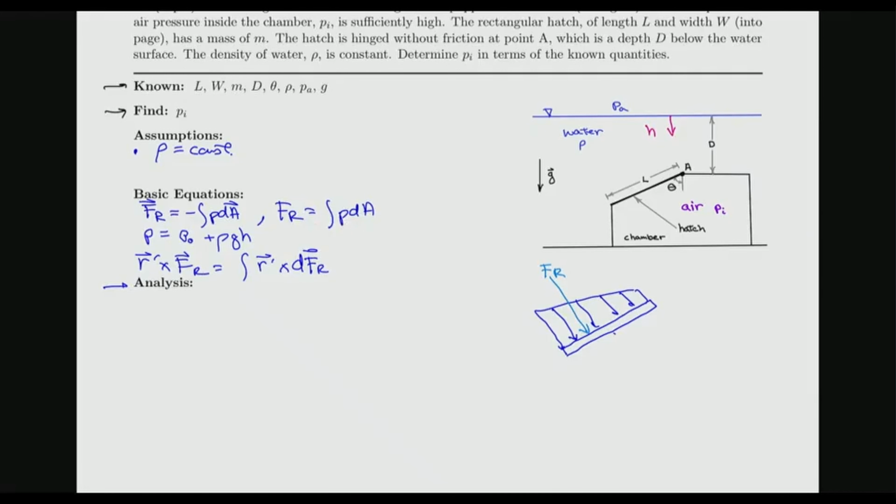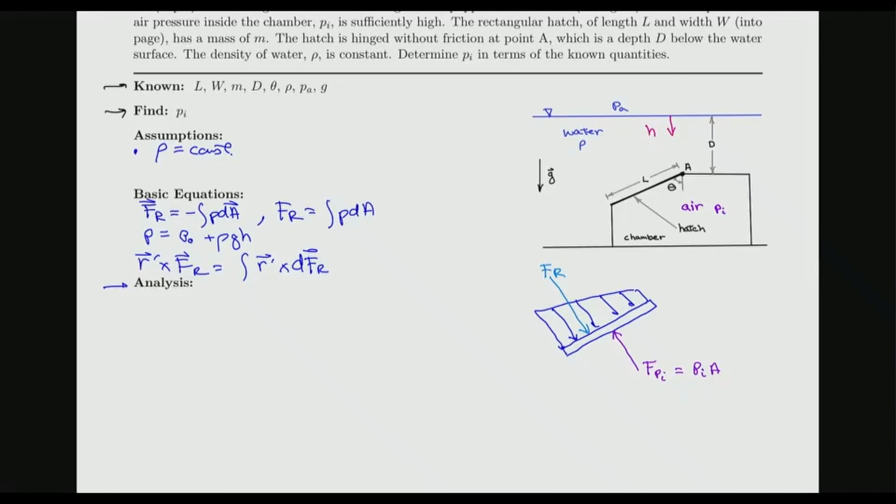And it's a uniform pressure, so it just acts at the center of the area, or the centroid. So this would be F sub Pi, and that would just be Pi times the total area of the hatch, which is just a rectangle, L times W.